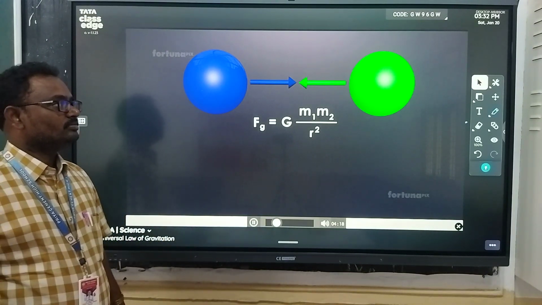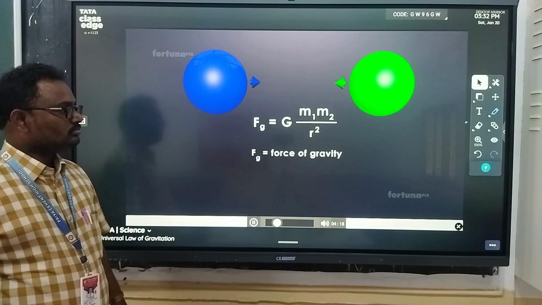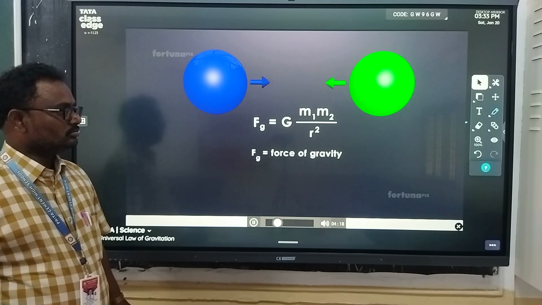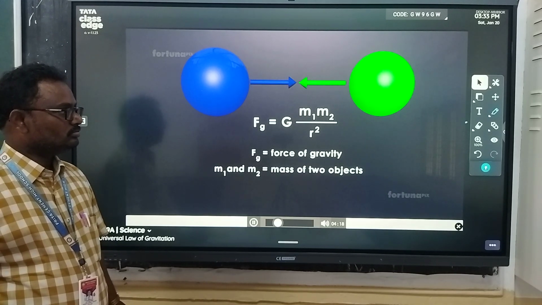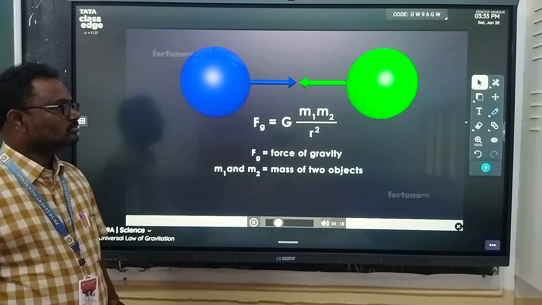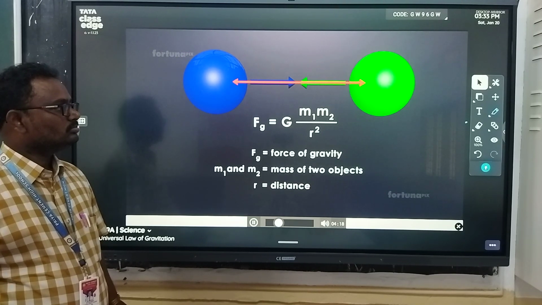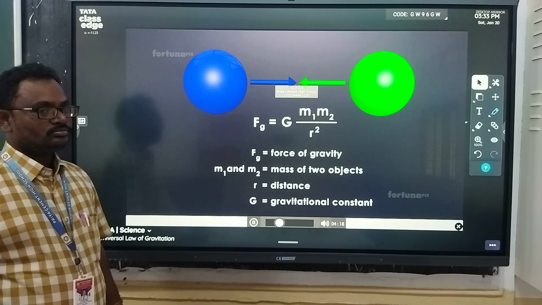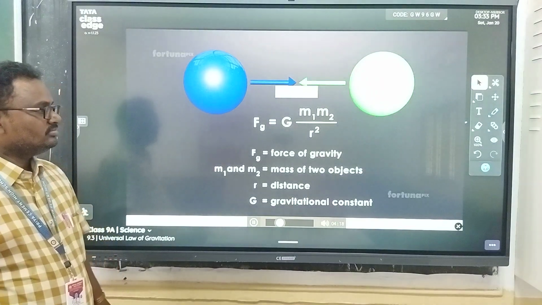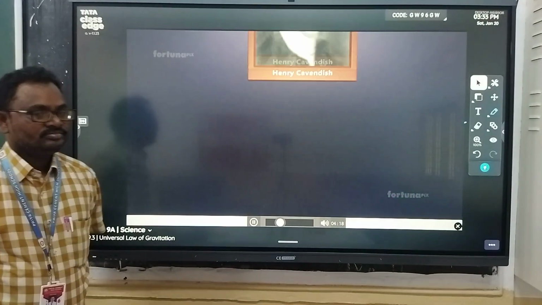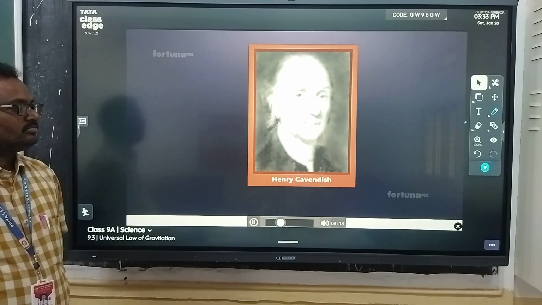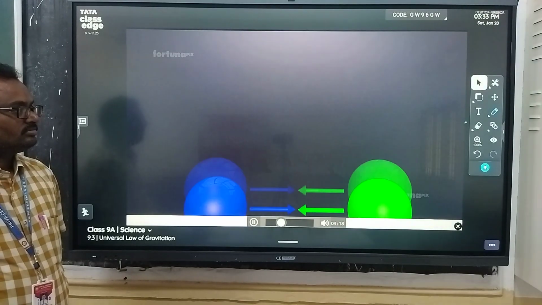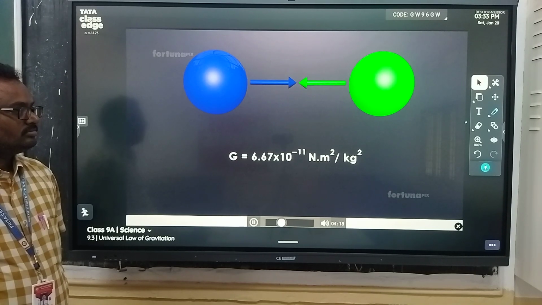Fg is the force of gravity between two objects of mass m1 and m2, r is the distance between the centers of the two masses, and G is the gravitational constant. The value of G was determined by the scientist Henry Cavendish as G equal to 6.67 times 10 power minus 11 meter square per kilogram square.